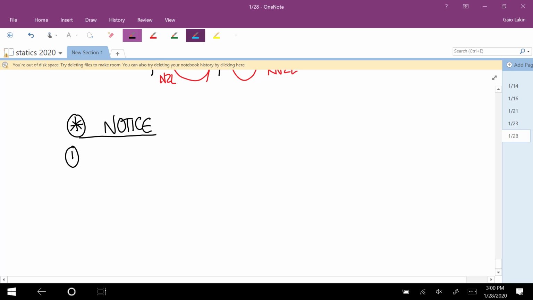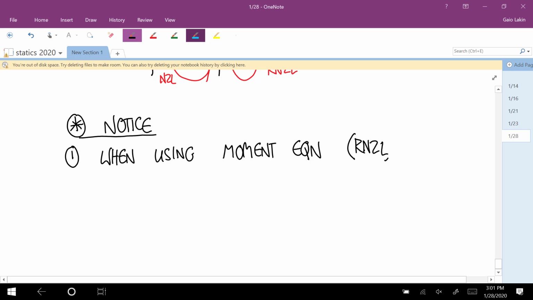So the first thing is, when you're using the moment equation, that's what I'm going to call rotational Newton's second law, for a single body, you have to use the same about point for every force.